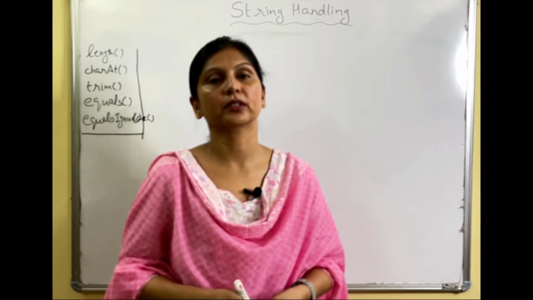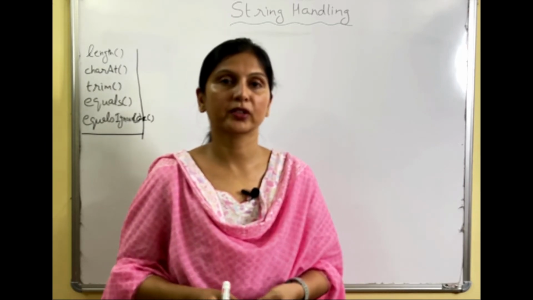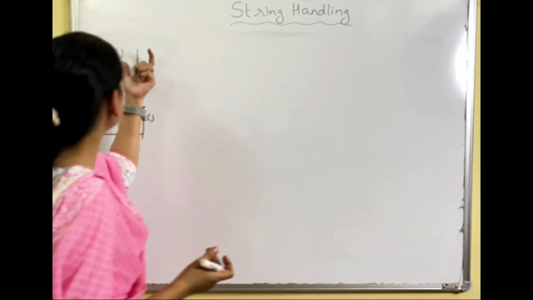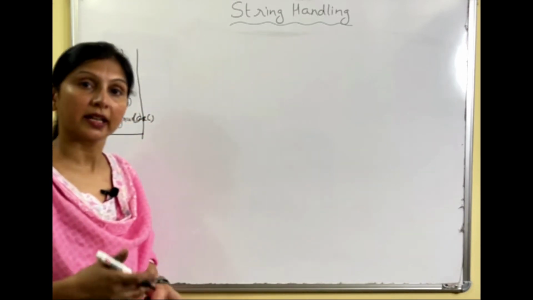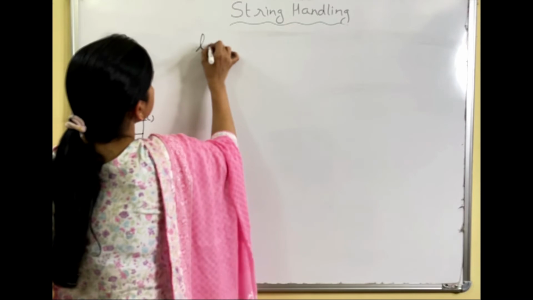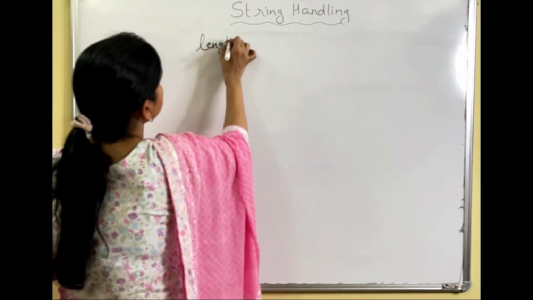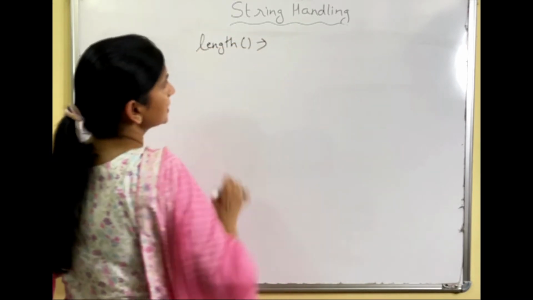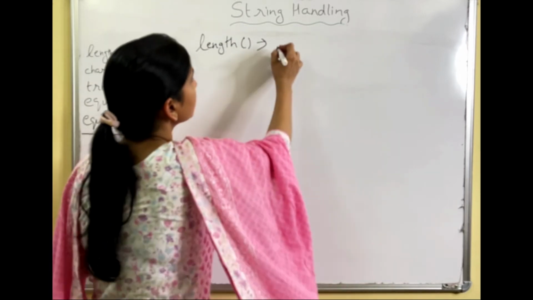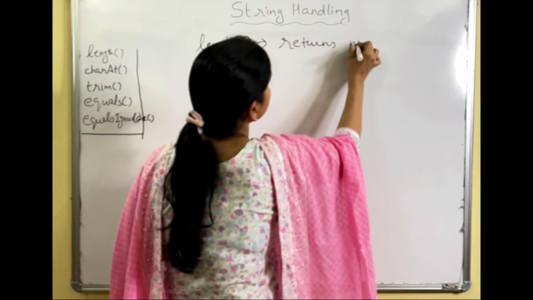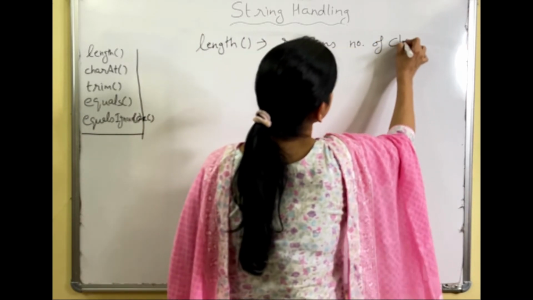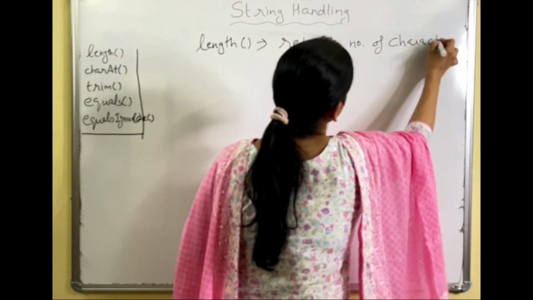So in this chapter we will discuss various string operations like length, charAt, trim, equals, equalsIgnoreCase, and many others. So let's take first length. The length method returns the number of characters, right?